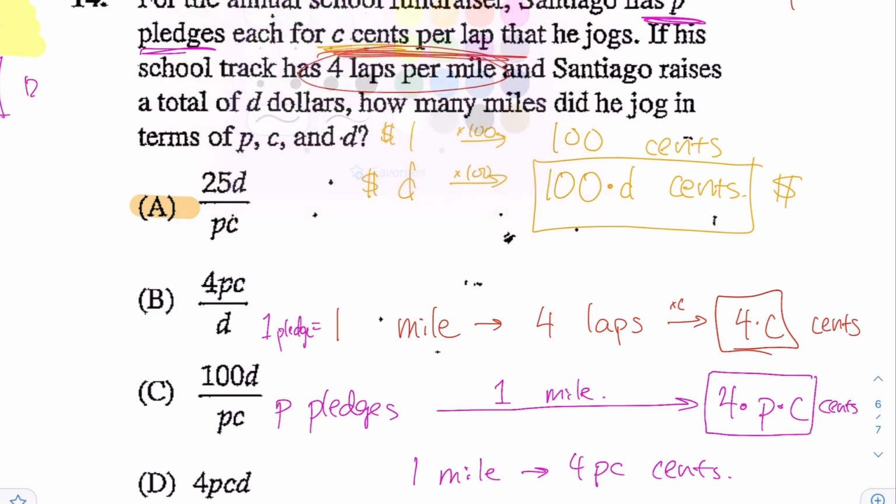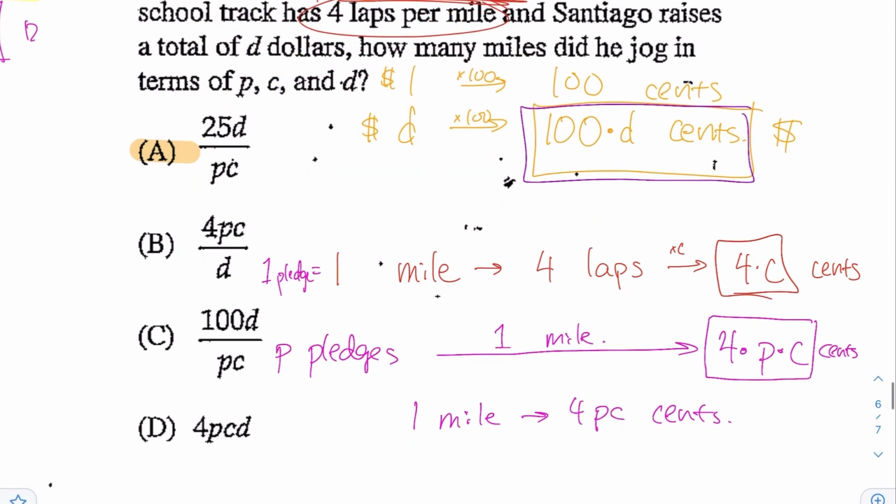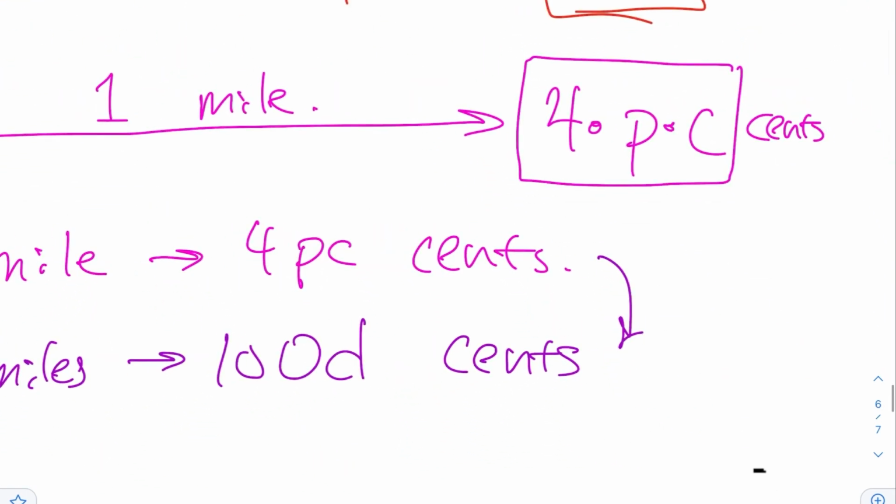And since we know that he got 100 times D cents, you actually have to multiply something on both sides, because this is rate, to figure out the number of miles, or M miles. So to get to M, you actually have to take 100D divided by 4PC.